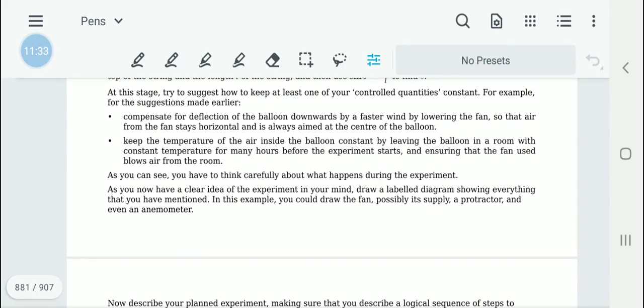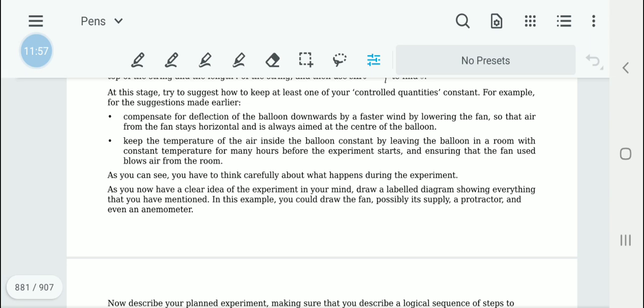Now you have to actually mention at least one. Always make sure at least one, preferably more. You have to mention what conditions and what quantities you are going to maintain as constant variables, so control variables, right?